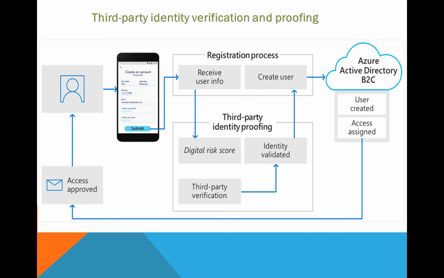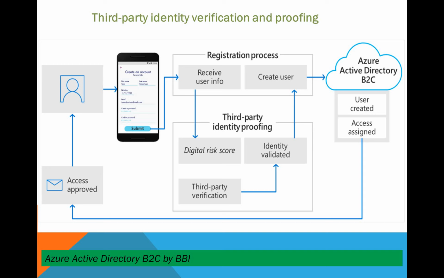In this way it completes the registration process, and then an Azure Active Directory B2C user is created and access is assigned, and that access is also approved and written back to your user login. So that is the third-party identity verification and proofing process supported by AD B2C.